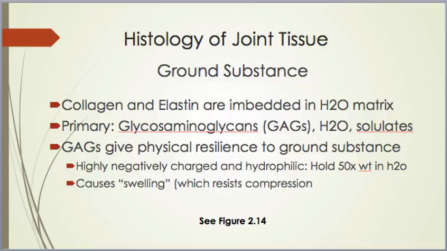And the reason they do so is because they're highly negative charged and hydrophilic. Therefore, the GAGs hold about 50 times their weight in water, which causes swelling, quote unquote, to the tissue, not the bad kind of swelling, but a kind of swelling that you experience, for example, in a water balloon. So it resists compression very nicely. So that swelling is actually a positive thing.